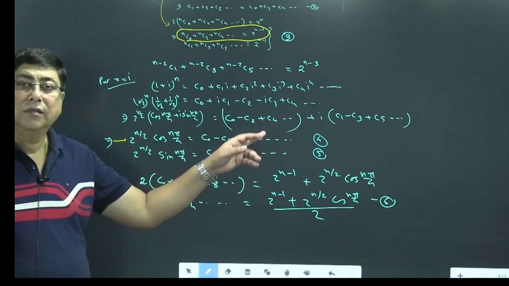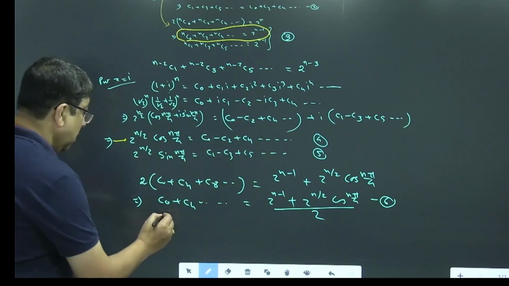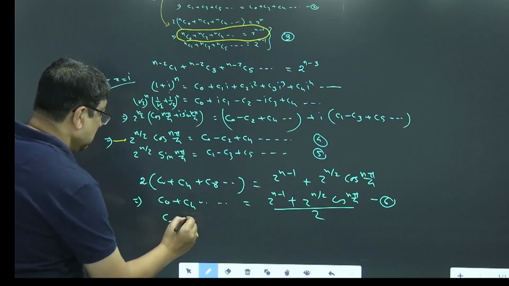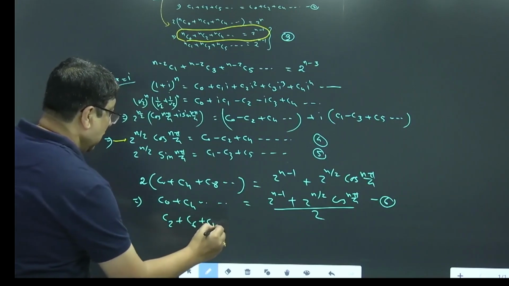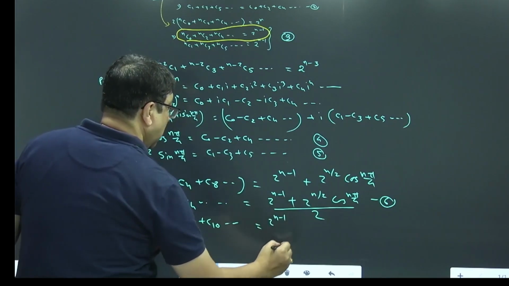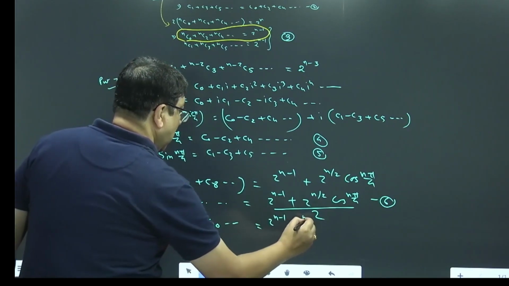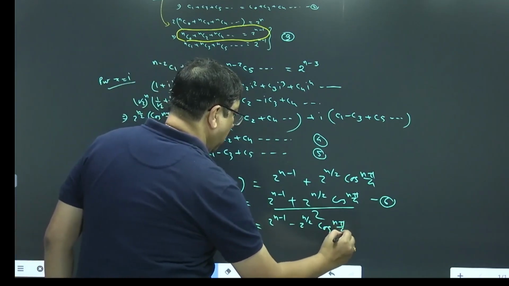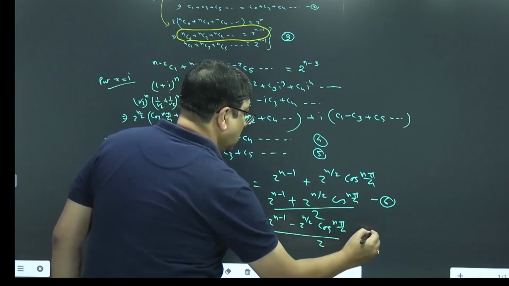Now again, if we just subtract these two, we are getting C2 plus C6 plus C10 equal to 2 to the power n minus 1 minus 2 to the power n by 2 cos n pi by 4, divided by 2. This is 7.